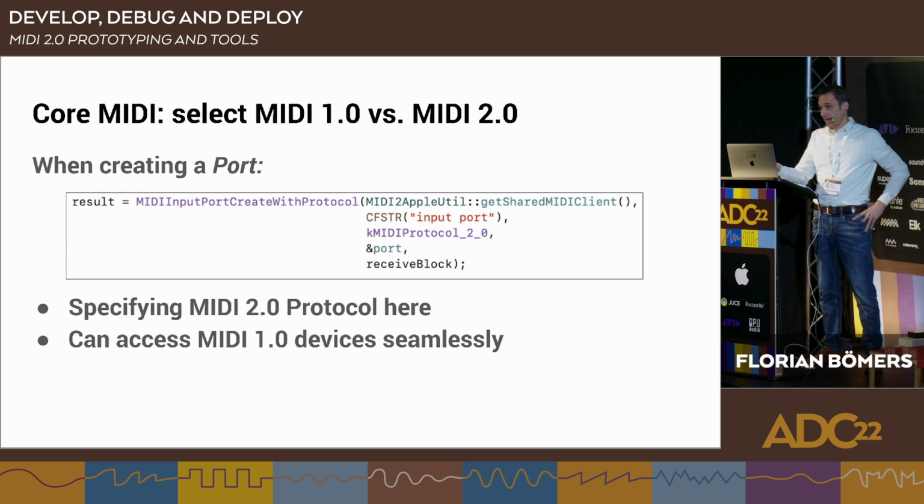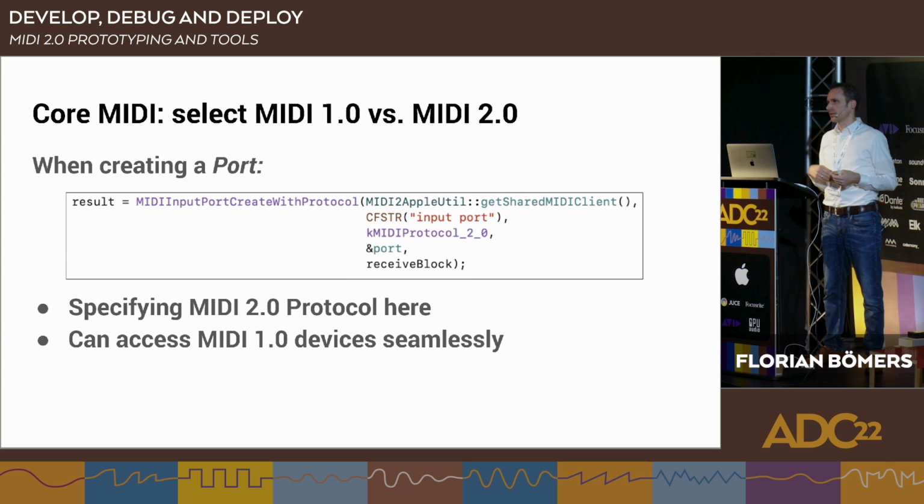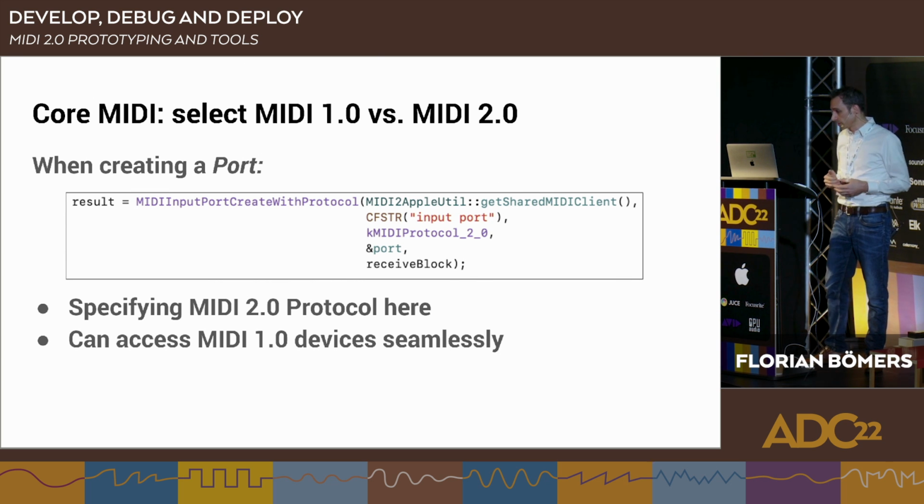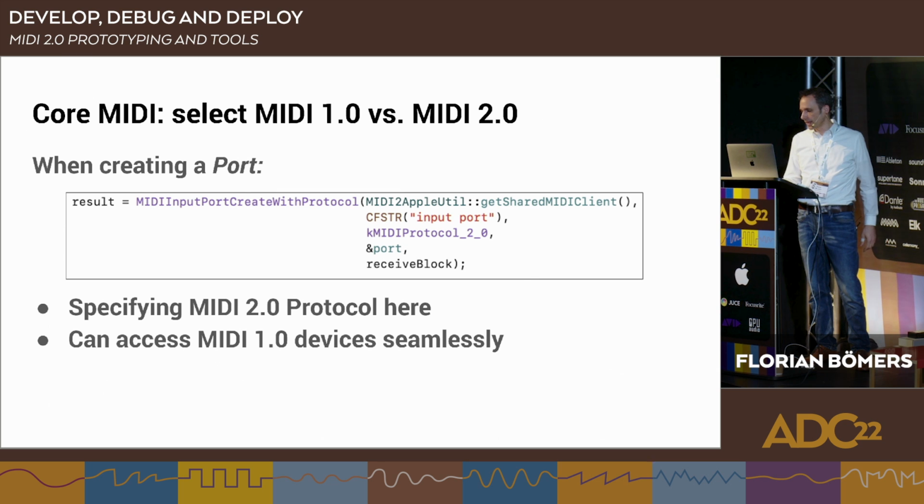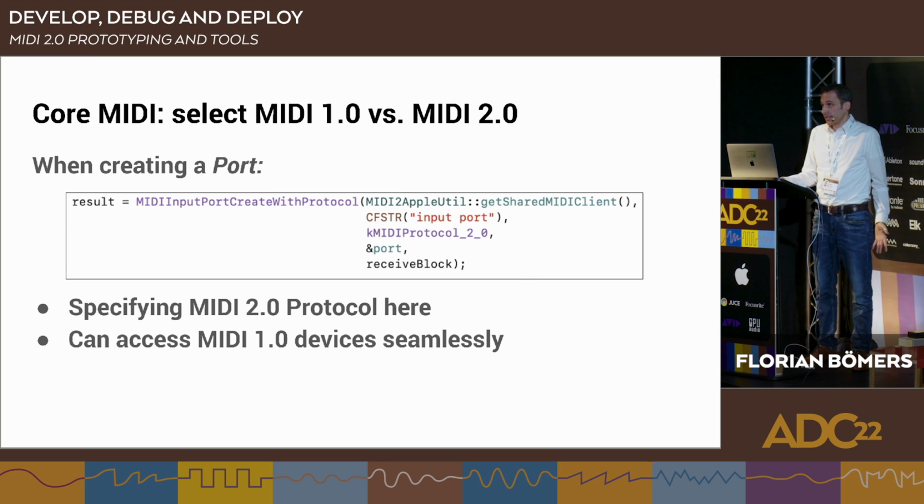And using that, you can already start using high-resolution controllers, high-resolution note messages. So that is mostly it, because all other functions for Core MIDI are either the same or have the same structure as previous byte-based Core MIDI functions.